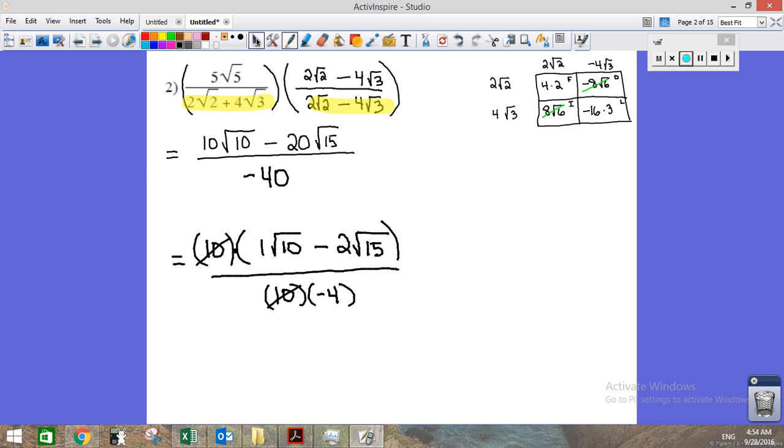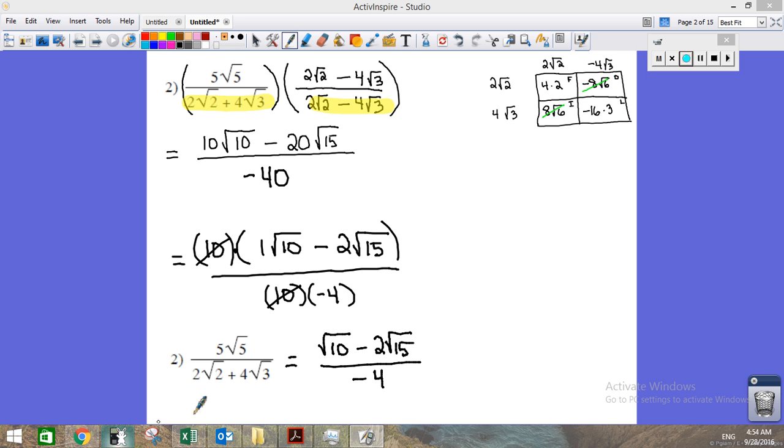And I can say that my final answer, that when you take this original fraction that we had, and after you've multiplied by the conjugate, you have a new numerator and a new denominator. Now, I claim that these two numbers are equal to each other, and I can check that on a calculator.